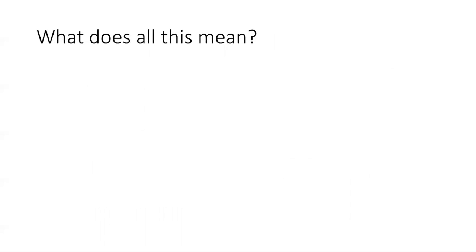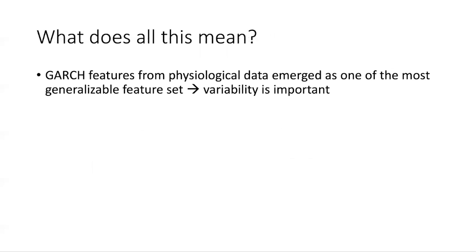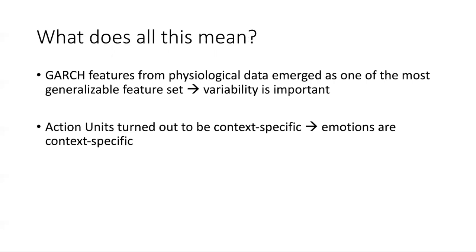So what does all this mean, basically? The first thing that we found is that GARCH features were very generalizable. That means capturing the variance in the time series is important, because the variance, as it connects with cognitive performance, is generalizable across contexts. We also found that emotions are very context specific, because action units turned out to be context specific.